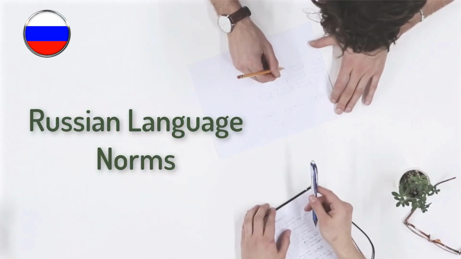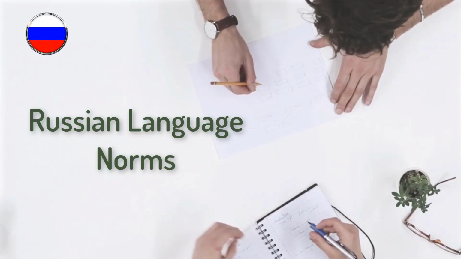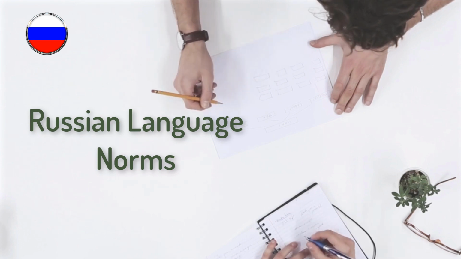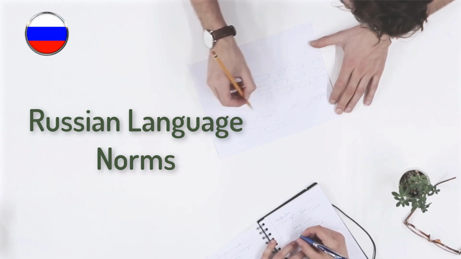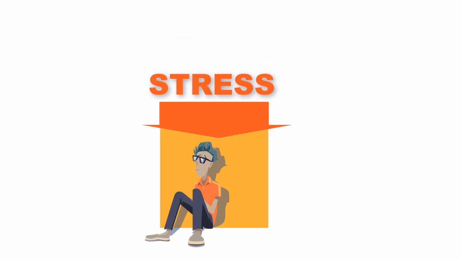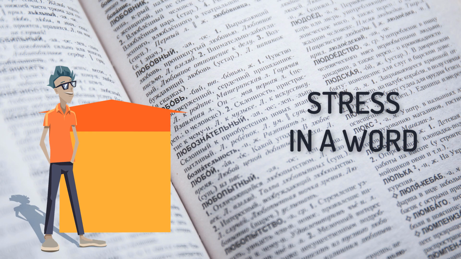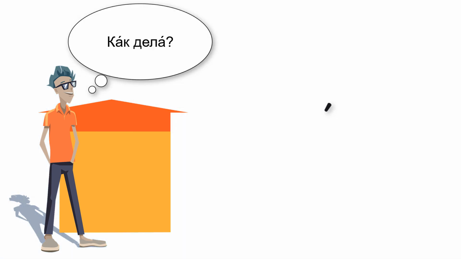There are certain rules in Russian that can help us to know how to pronounce a particular word or a phrase correctly. And probably the first thing that comes to our mind when we think about the Russian pronunciation rules is stress. I mean stress in a word. Yes, this one. Russian words are normally written without any stress marks, but in textbooks and dictionaries, in order to help you, it's usually marked with this sign on top of a stressed vowel.